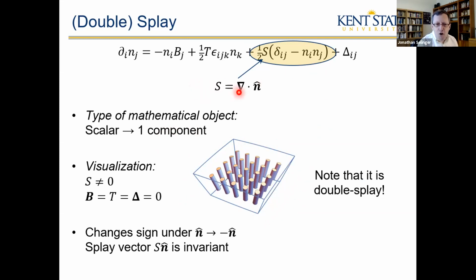This object maybe looks like a scalar, but when you consider that n is equivalent to -n, we really ought to think about an object that's even rather than odd in the director n. So let's take this scalar and multiply it by n itself to make this invariant mathematical object, which is a vector parallel to the local n.